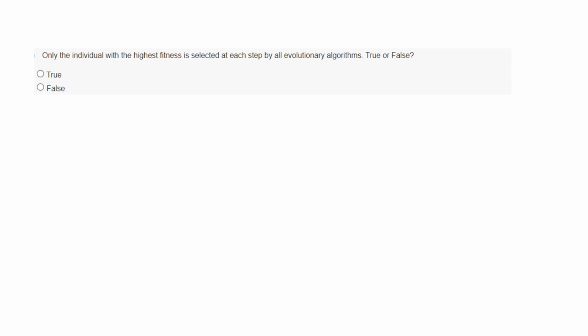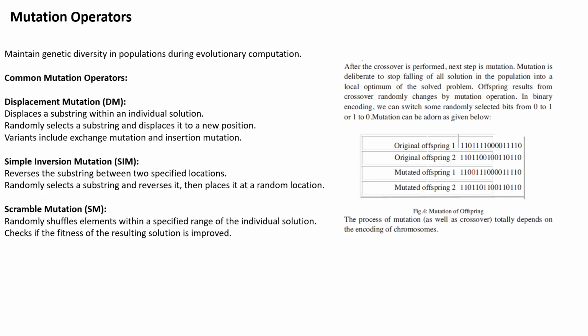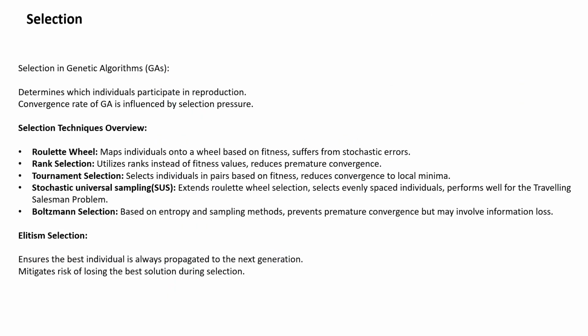So the question is: only the individual with the highest fitness is selected at each step by all evolutionary algorithms, true or false. The answer here is sadly false, because you remember elitism selection. You have an option to ensure the best individuals or solutions are always propagated to the next generation.